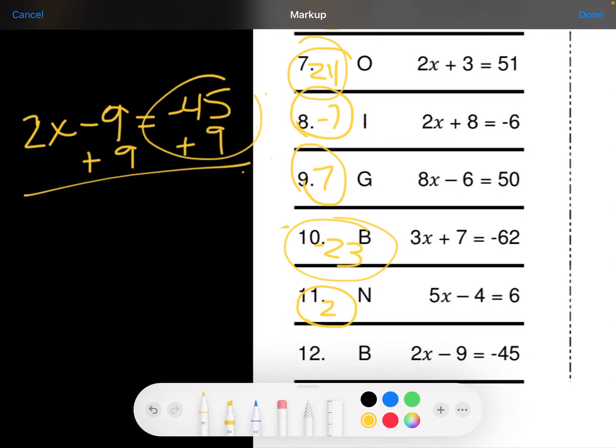Okay, so my signs are different. I subtract. Take the sign of the larger absolute value.